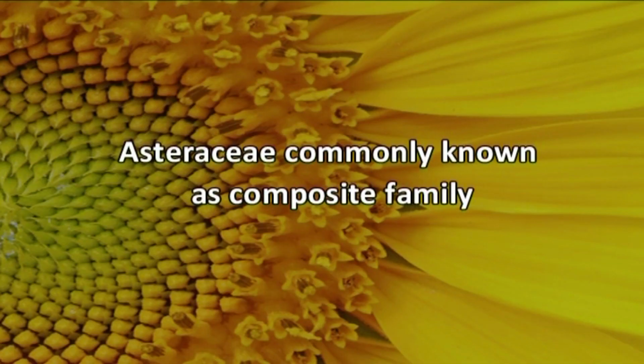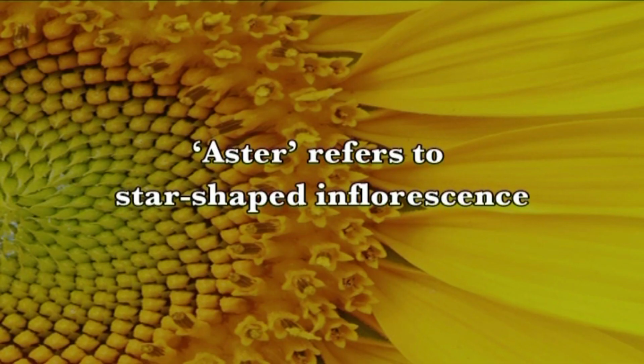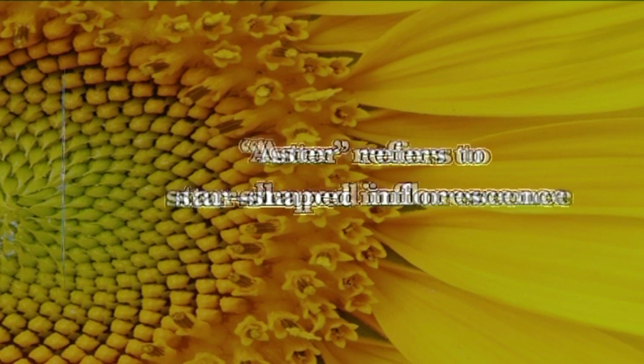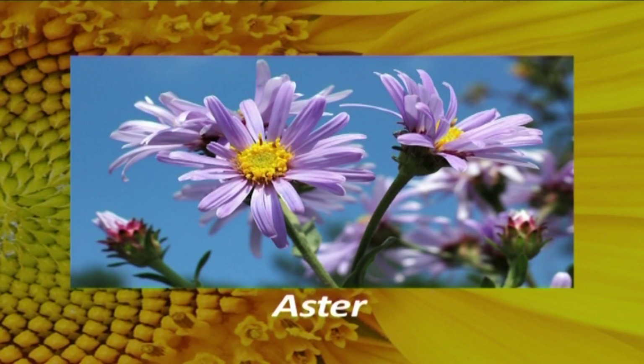The Asteraceae is commonly known as the composite family. The term aster, on which the family name is based, refers to the star-shaped inflorescence in the type genus Aster, and it is named the composite family.